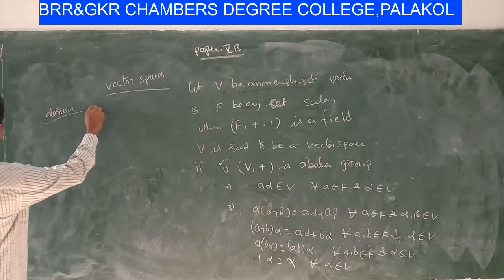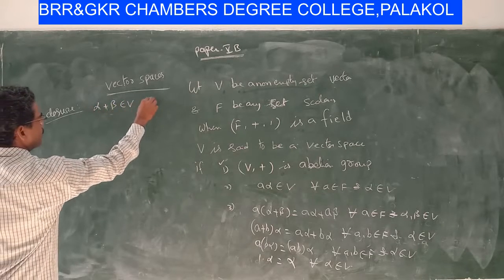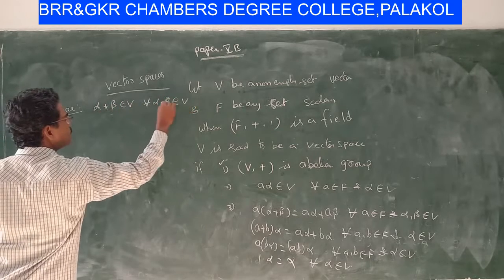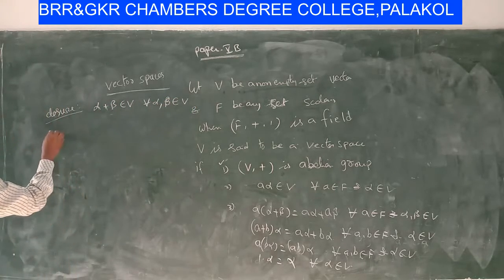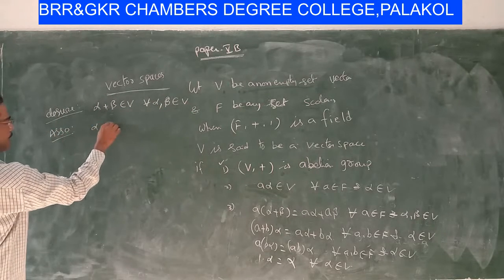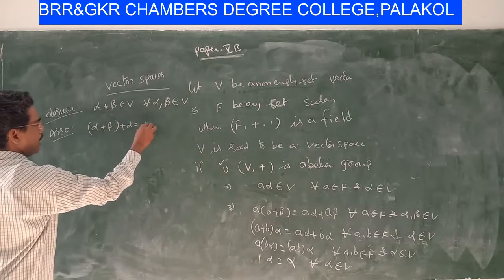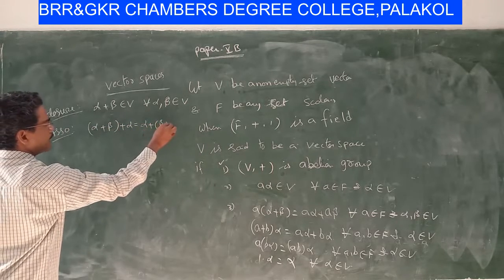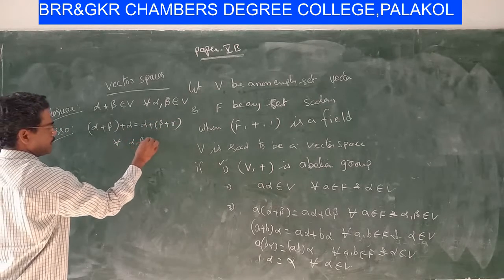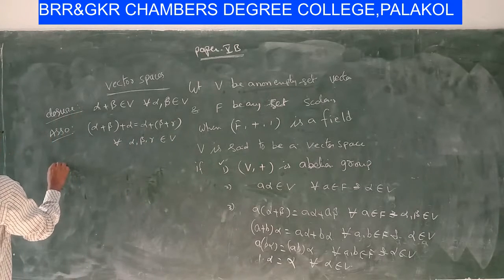Closure means alpha plus beta belongs to V for all alpha, beta belongs to V. Next, associative. Alpha plus beta plus gamma equal to alpha plus beta plus gamma, grouped either way, for all alpha, beta, gamma belongs to V. Next, identity.